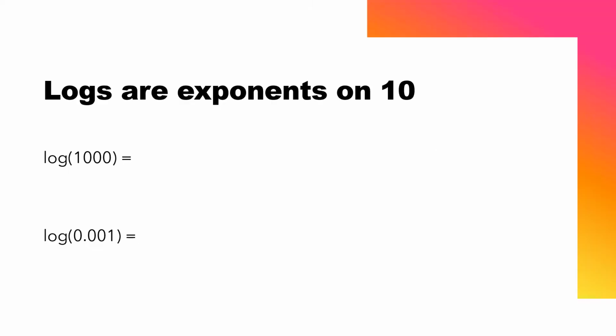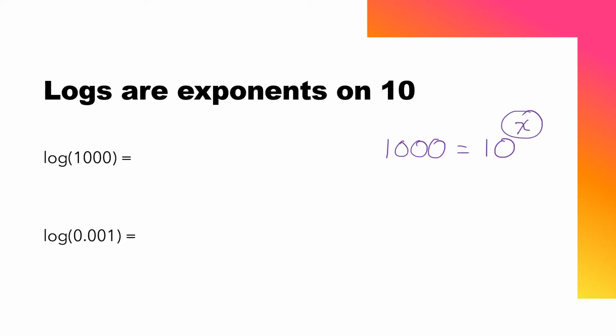The first type of log we're going to tackle is known as base 10 logs, and it's written log. All this means is we're trying to figure out what exponent to put on 10 to give us back the value that we're asked to find the log of. So for instance, here where it's saying that the log of 1,000 equals, well, what we're asking is basically 1,000 equals 10 raised to what power?